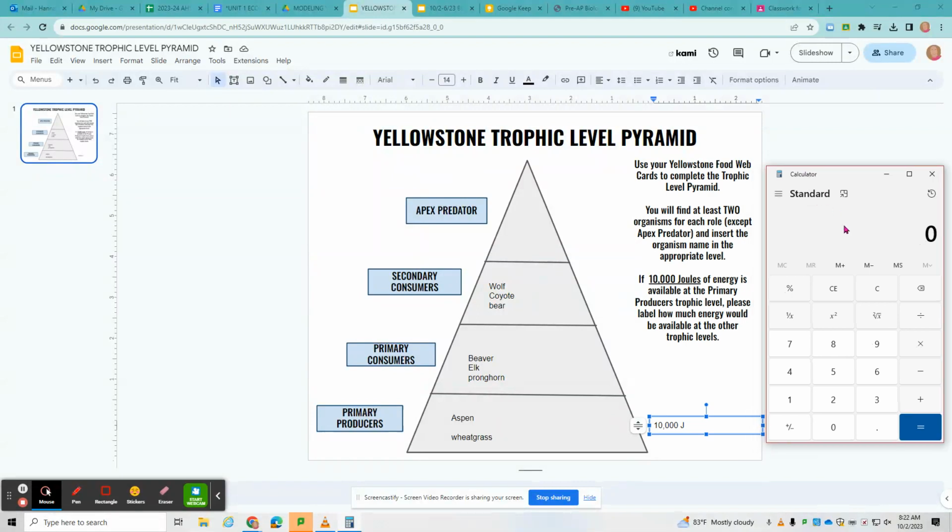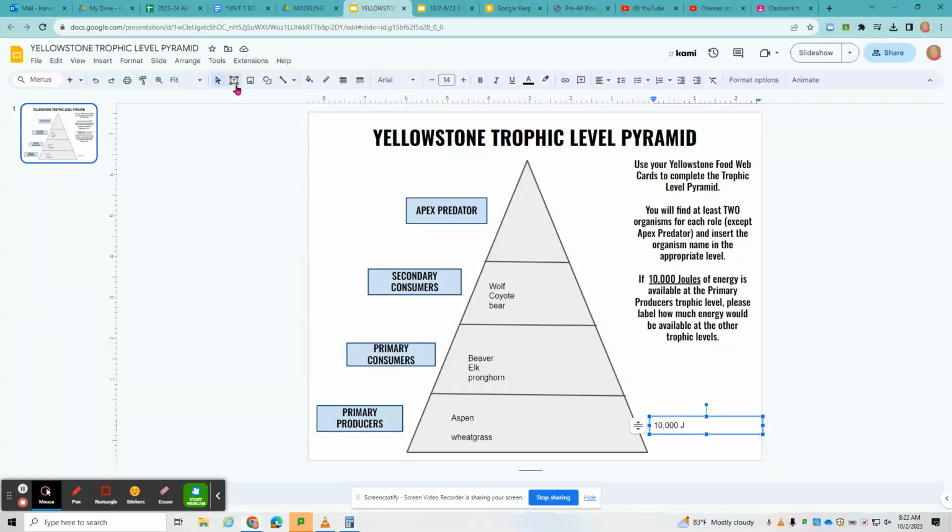All right, so I have 10,000, and to get 10% of that, I'm going to multiply that by 0.10. Okay, so at the next trophic level, there's only going to be 1,000 joules of energy.